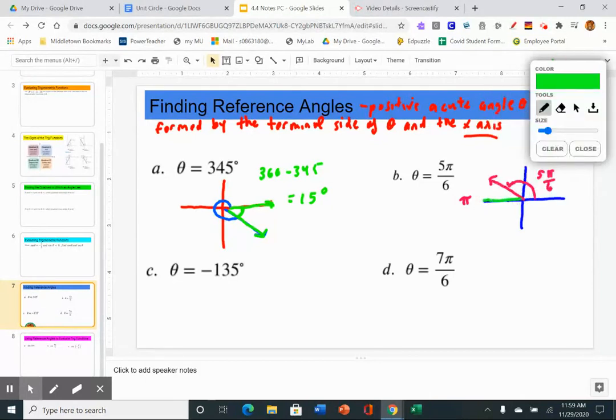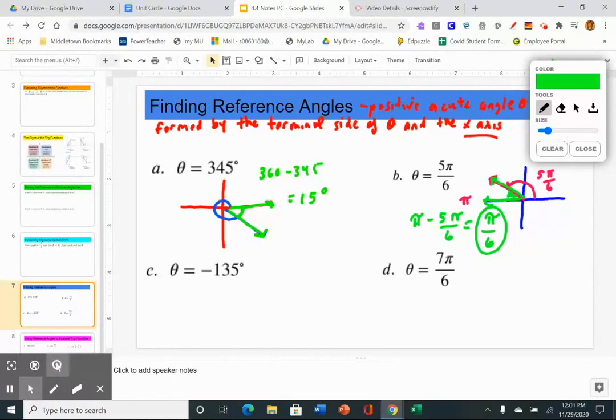Remember, the x-axis, terminal side. That is going to be your reference angle right in here. So that just becomes pi minus 5 pi over 6, which is pi over 6. So 1 whole pi minus 5 pi over 6 is pi over 6. That is your reference angle for letter B.